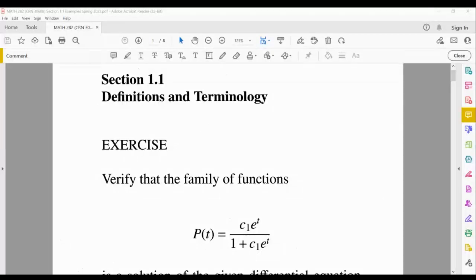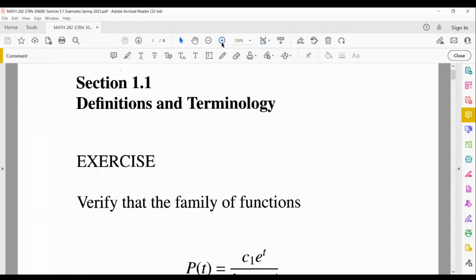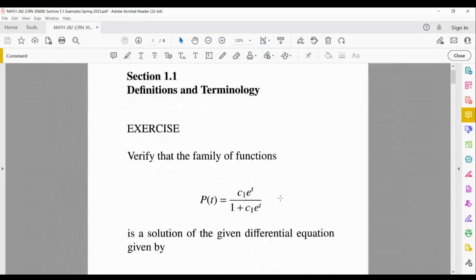Okay, we are continuing our section 1.1, and I want to do an example with you. You'll see problems like this in your homework.